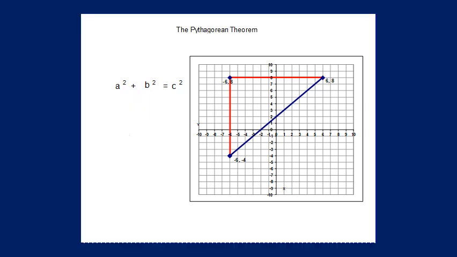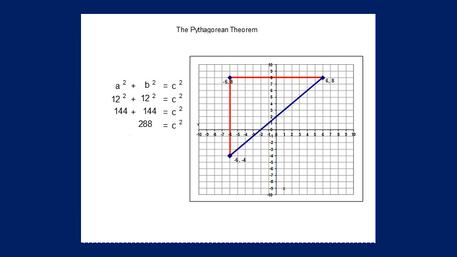A squared plus B squared equals C squared. In this case, 12 squared plus 12 squared equals C squared. 144 plus 144 equals 288, which equals C squared.